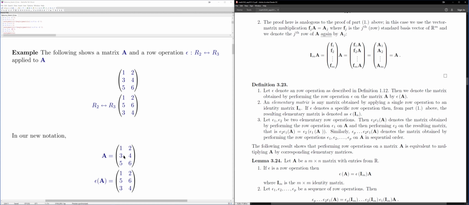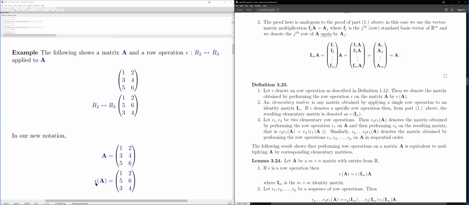If this is my original matrix A, where this is row 2 and this is row 3, then to get epsilon A, I apply the row operation row 2 exchange with row 3, which means the 5 6 will come up to the second row, and the 3 4 will go to the third row. Notice it's the same thing as when I was doing normal row operations, just that I'm keeping track of the row operation, and I'm calling this first row operation epsilon.